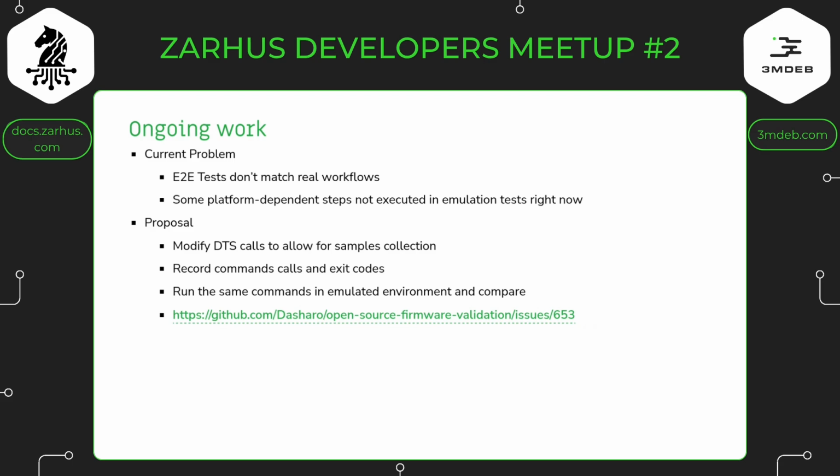We already do have some so-called end-to-end tests that somehow simulate the flow of the updates, mostly updates, because update is the critical functionality, but not only update, also initial deployment and so on.